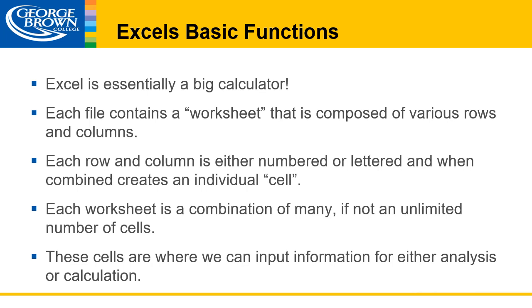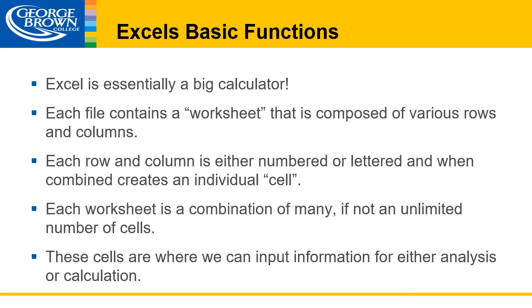Each row is numbered from 1 to, I'm not sure where it stops, and each column is lettered, so A, B, C, D, E, F, G. Based on the coordinates of a specific cell, you can identify one as opposed to many.